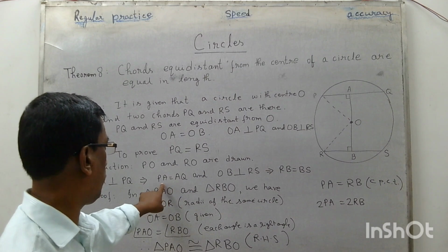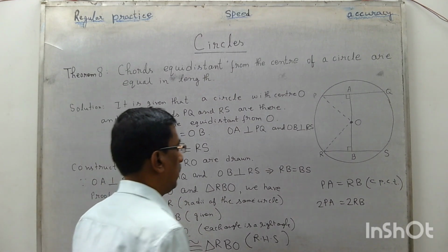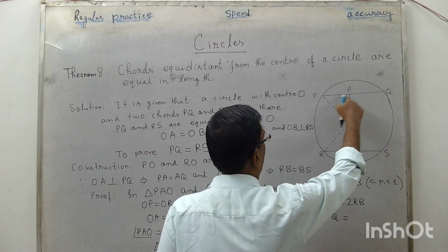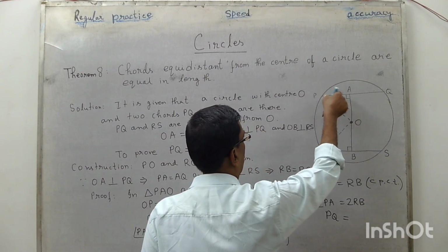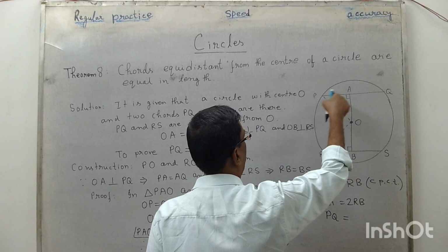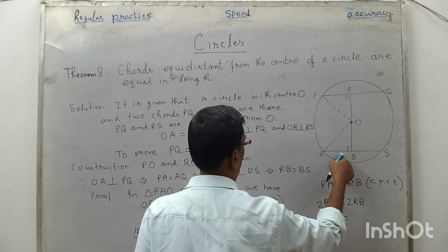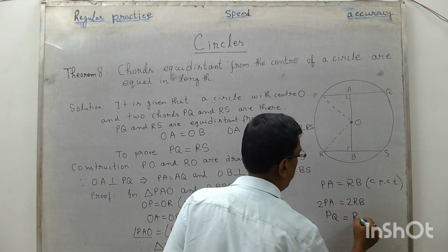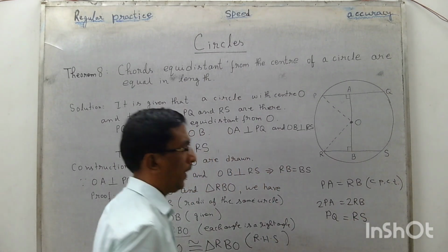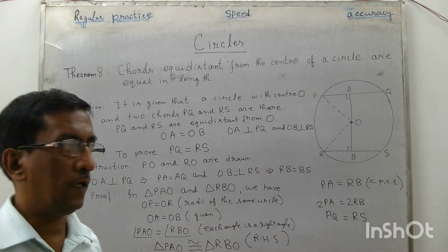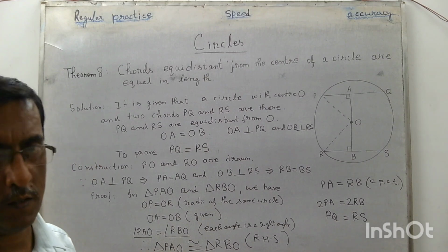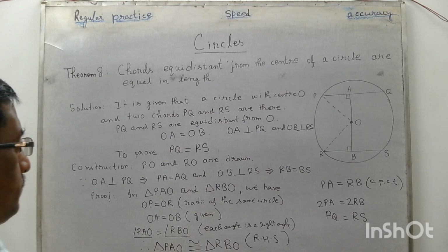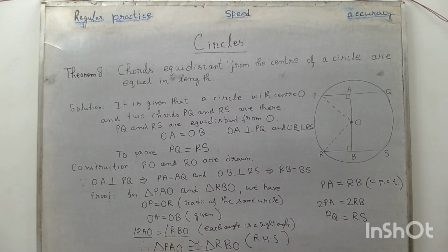So twice of PA means PQ. ये और ये इक्वल है तो PA का डबल PQ होगा. RB और BS इक्वल है तो RB का डबल RS होगा. And hence it is proved that the chords are equal to each other. ये हो गया थ्योरम 8. क्लियर?